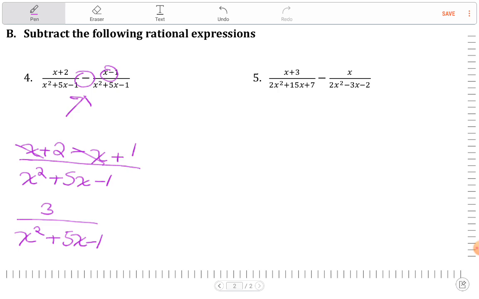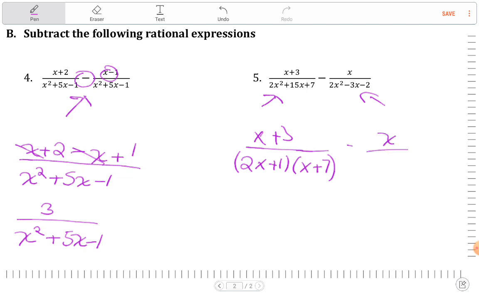Okay, let's check number 5. Factor your denominators first, so you can find your least common multiple. Let's see. This x squared plus 8x plus 7 will factor into x plus 1 and x plus 7. And the other piece will factor also into 2x plus 1 and x minus 2.